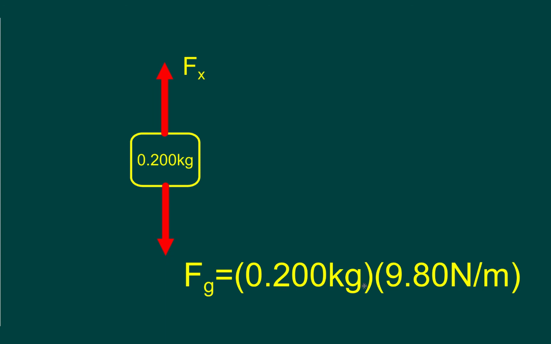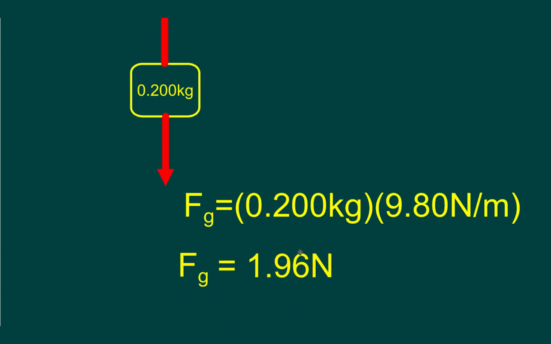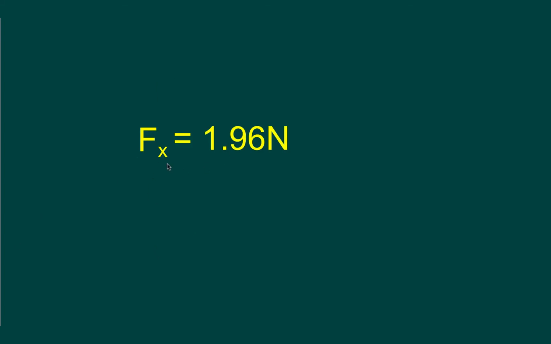So 0.200 kilograms times 9.8 newtons per kilogram gives us 1.96 newtons. Again, the downward force needs to be equal to the upwards force because it was stationary. That means we can say that the spring force upwards is 1.96 newtons. Okay, so the spring force Fx is 1.96 newtons.